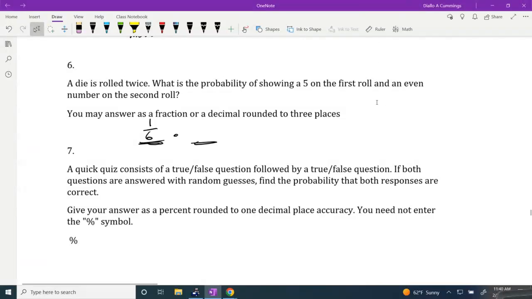On the second roll, what's the probability of an even number? Right, 3. The total is 6. So I'm going to multiply my numerators, multiply my denominators, and if we reduce, we get 1/12.